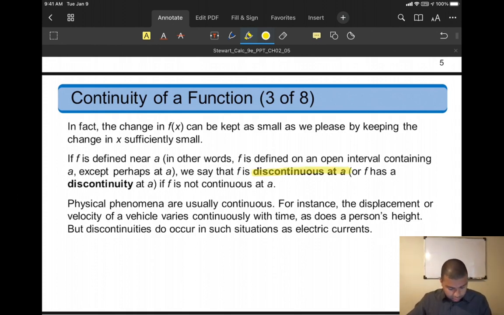Okay? And they say here, physical phenomena are usually continuous. For instance, the displacement or velocity of a vehicle varies continuously with time, as does a person's height. Yeah, that makes a lot of sense, right? Your growth is continuous, meaning if you only measure yourself within 2 or 3 days, then you expect your height measurements to be kind of the same.